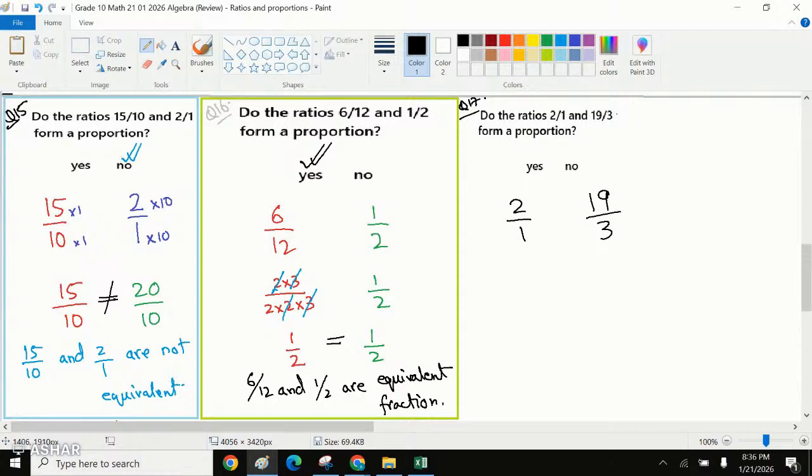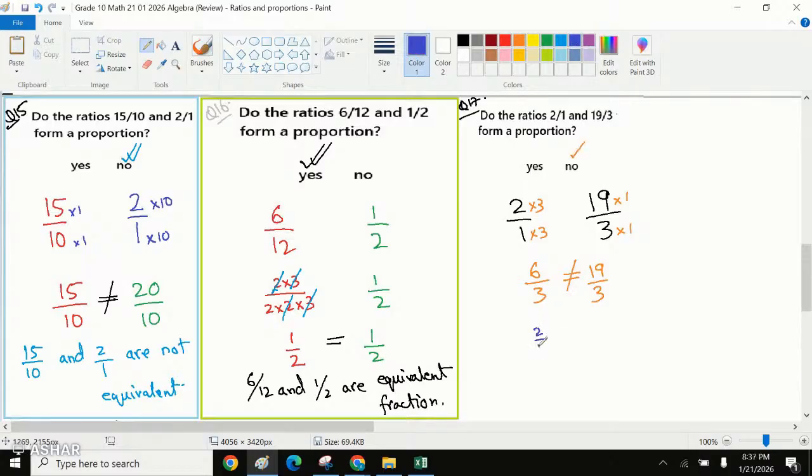I don't think so. It's a prime number, and prime numbers can only be divided by themselves or by 1. So let's make this times 1 times 1, times 3 times 3. 2 times 3 is 6 over 3, and this was 19 over 3. We can directly say that no, they're not equal.